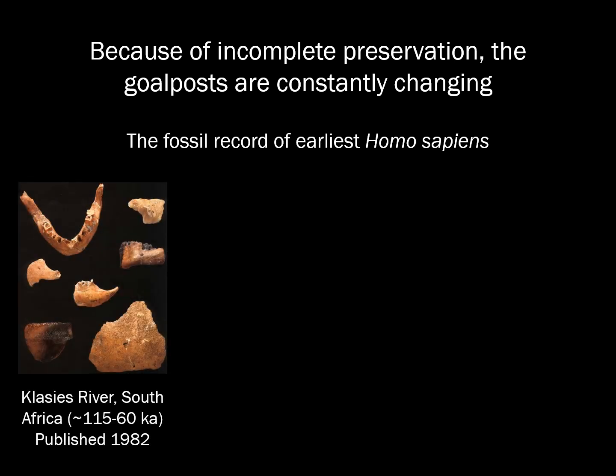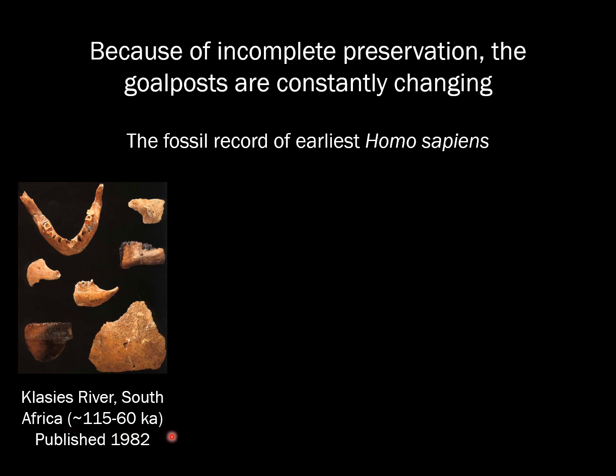Okay, so because of this incomplete fossil preservation and recovery, the goalposts are constantly changing. In this case, we're going to focus on the first appearance date, the oldest currently known fossil. We're going to talk about our own species, Homo sapiens, the fossil record of the oldest, aka earliest, Homo sapiens. In 1982, it was, well, a massive date range, lots of error, in South Africa.